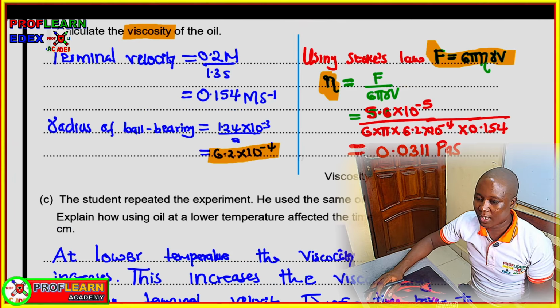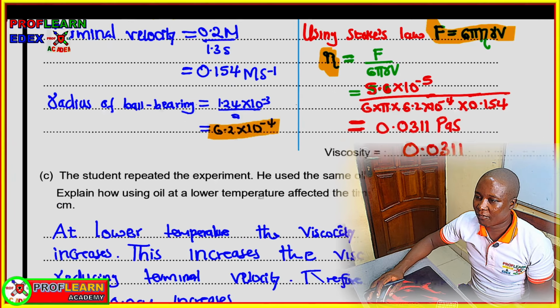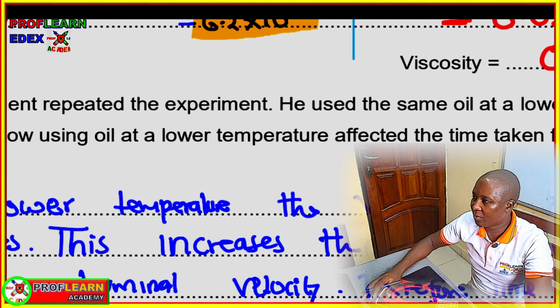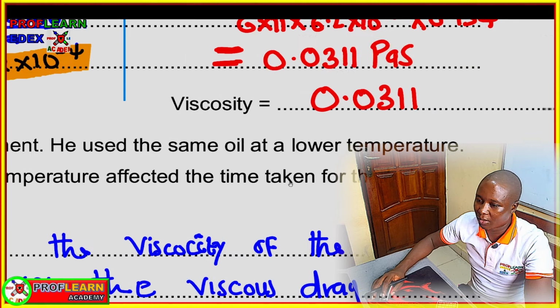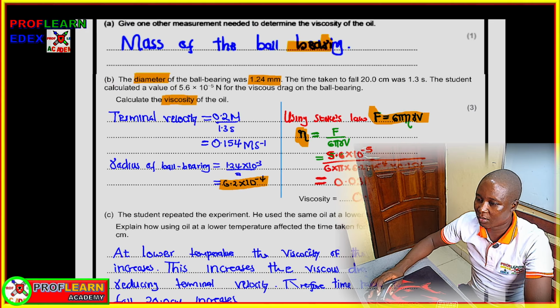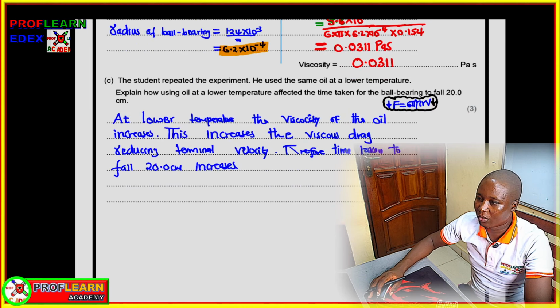And if we do that, put it in the calculator and work it out, we are going to get our viscosity to be 0.031. So that is what we are going to get as our answer in that case.